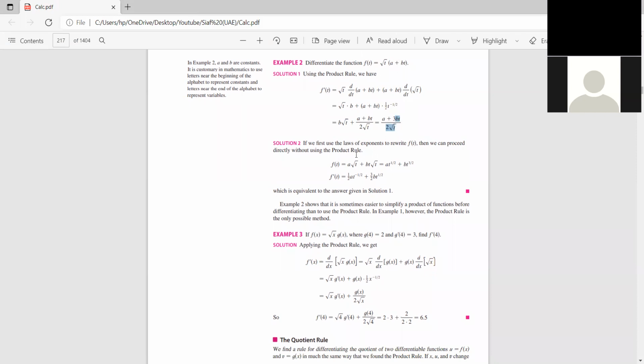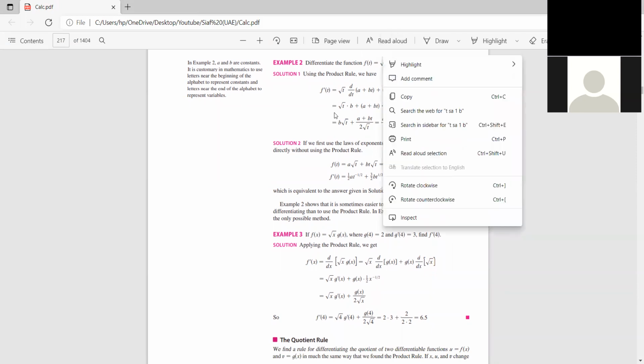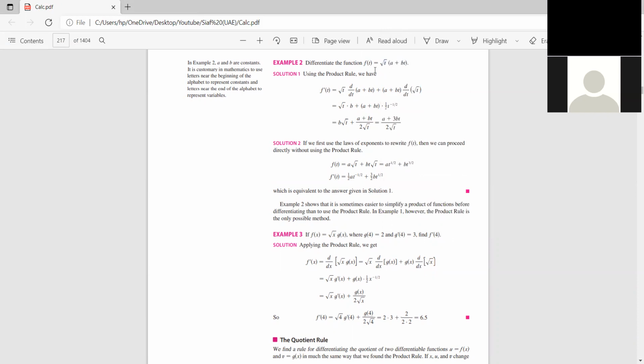There is another method to solve the same question. If you multiply square root t with the whole function, that's what they have done, then they don't need to apply the product rule. They multiply the square root t with a, it will be a square root t, and then they multiply the square root t with bt, so it will be bt square root t.